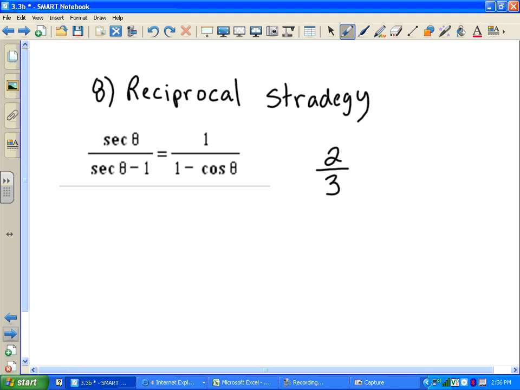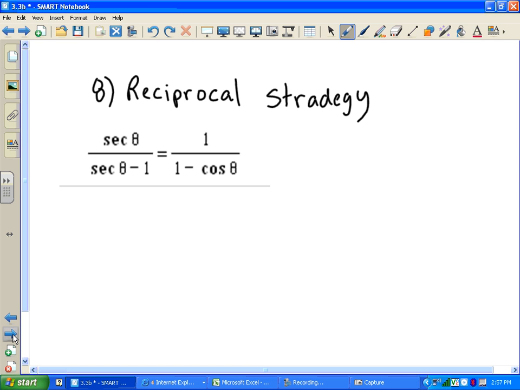I can write that as 1 over the reciprocal. So this one could be written as 1 over 3/2.